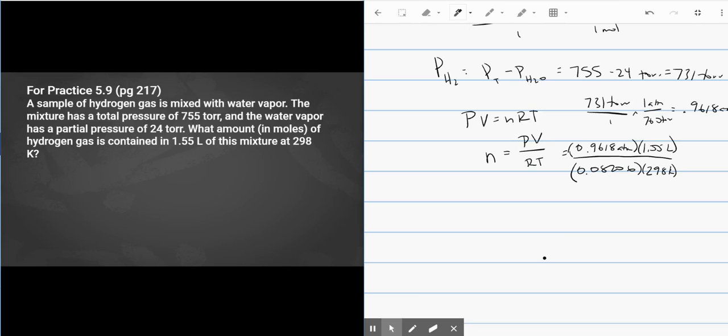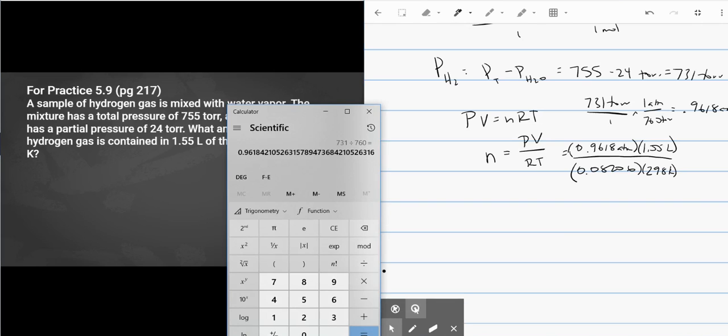Okay, so let's go ahead and plug that into our calculator. I have that value times 1.55 divided by 0.08206. I'm going to hit equals. And then we still have to divide by 298. Equals.